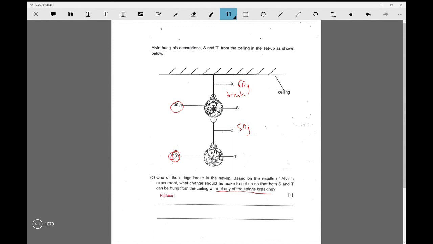Okay, replace string X with string Y. Okay, again they didn't ask for explanation, right? So you don't have to write that down. Okay, if they do ask for it in your exam, you just have to say that string Y can support up to 70 gram without breaking.